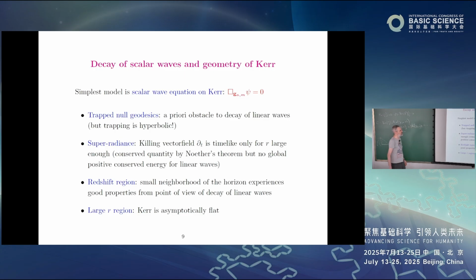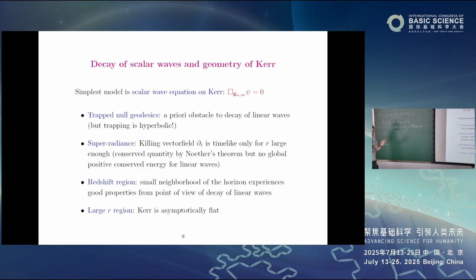Of course, needless to say, if I were in Minkowski, this would be a very simple problem. And let me precisely remind you, here I want to explain what is relevant in the Kerr geometry to the problem of decay for scalar waves. So if I were in Minkowski, the reason why the wave equation decays is because the waves tend to follow null geodesics, and the null geodesics in Minkowski are simply 45-degree lines going to infinity.